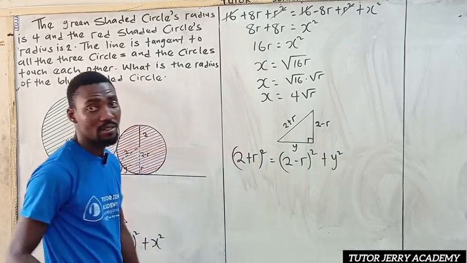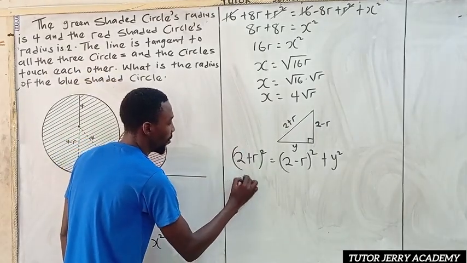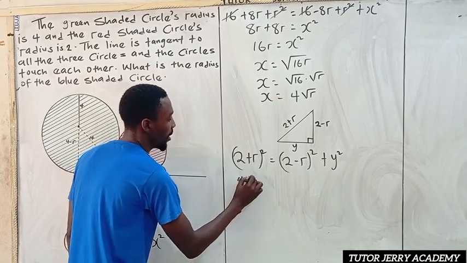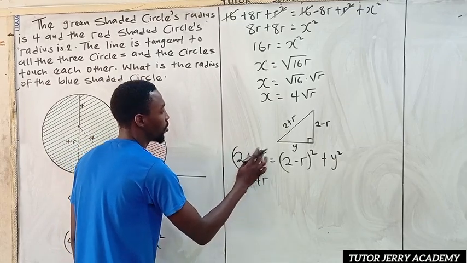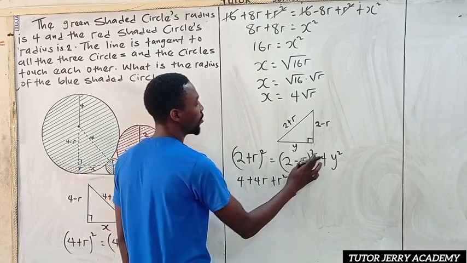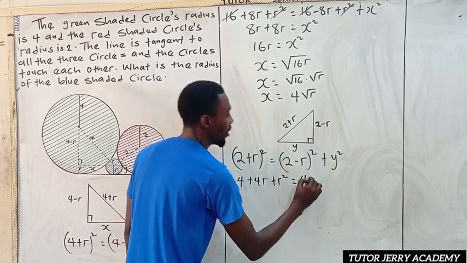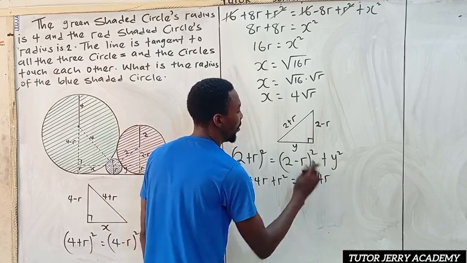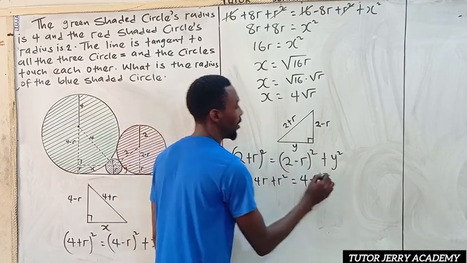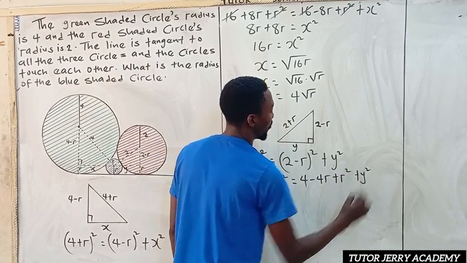So if we expand this bracket now, put your square on 2, you are going to have 4. 2 times r times 2, that is 4r. So put your square on r, you are going to have r squared, which equals, if you put your square on 2, you are going to have 4. 2 times minus r times 2, that is minus 4r. And put your square on negative r, you are going to have positive r squared plus y squared.